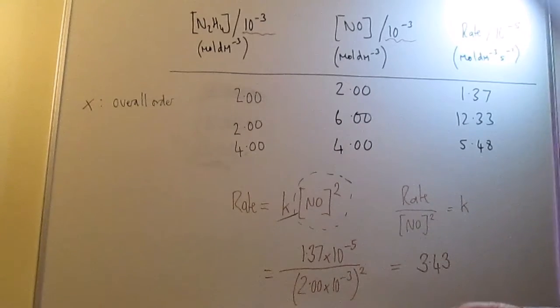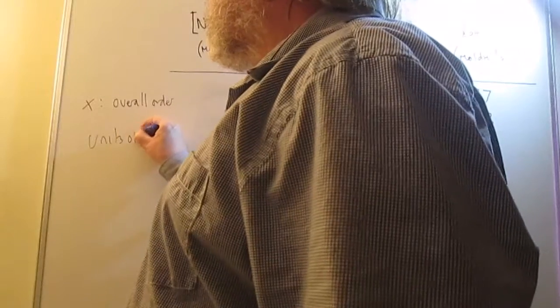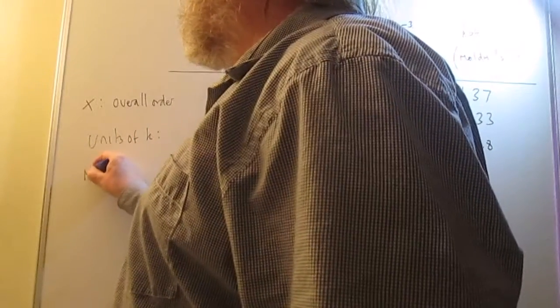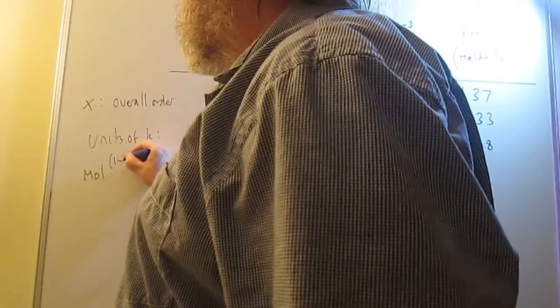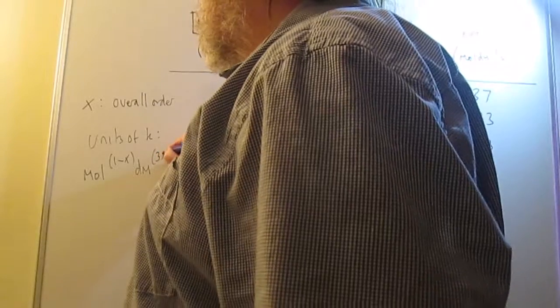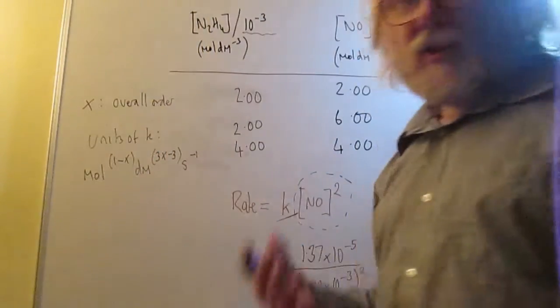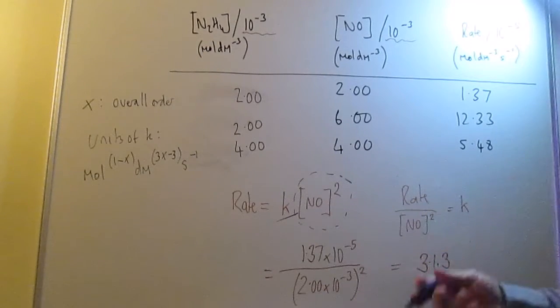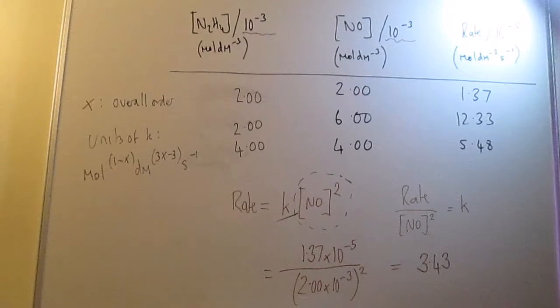So if x is the overall order, the units of k are moles to the power 1 minus x, dm to the power 3x minus 3, and then seconds to the minus 1. Or it could be minutes to the minus 1, or whatever the time unit is. Always check that, be careful, but in this case it is seconds.